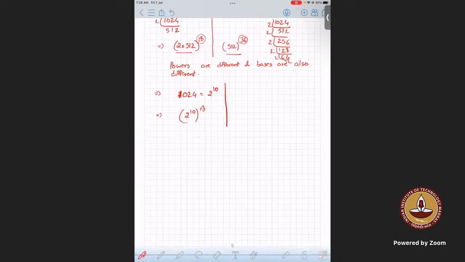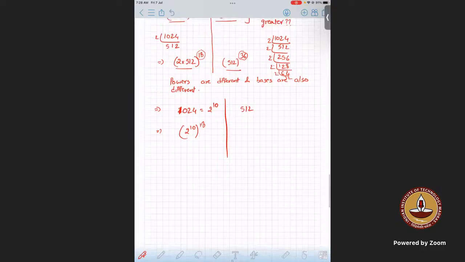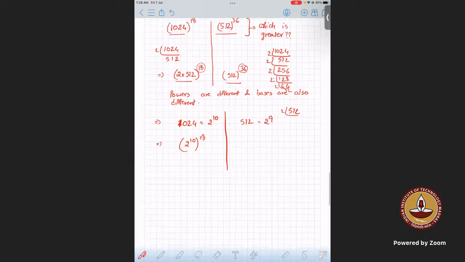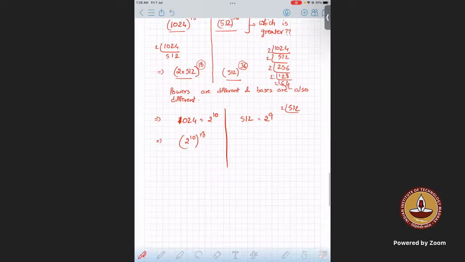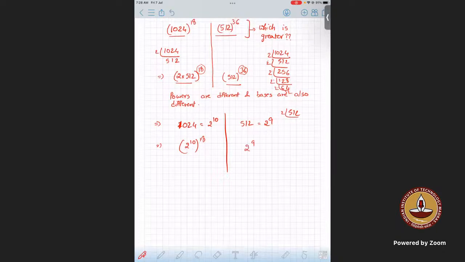And from this side, 512 is 2 power 9. Are you getting the point? You can check if you want. So it becomes 2 power 9 into 36.